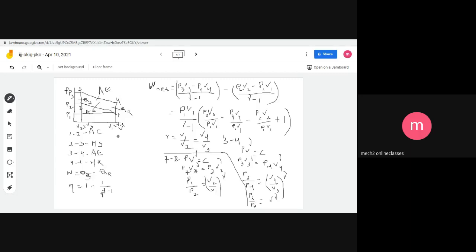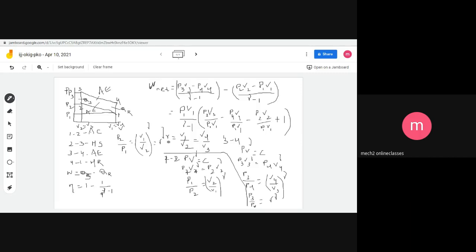So I'm writing P2 by P1 is equal to (V1 by V2) to the power gamma. V1 by V2 here is R again, right? So I can write this as equal to R to the power gamma.